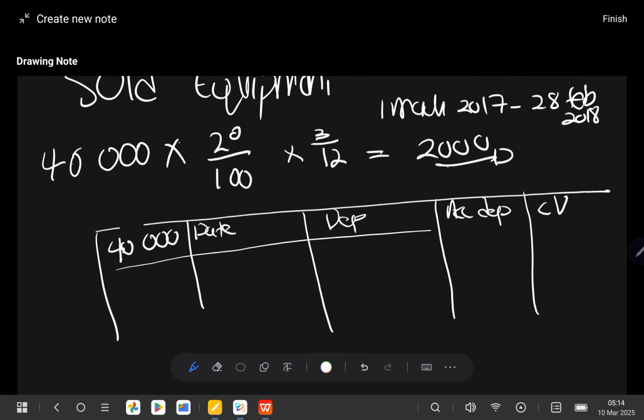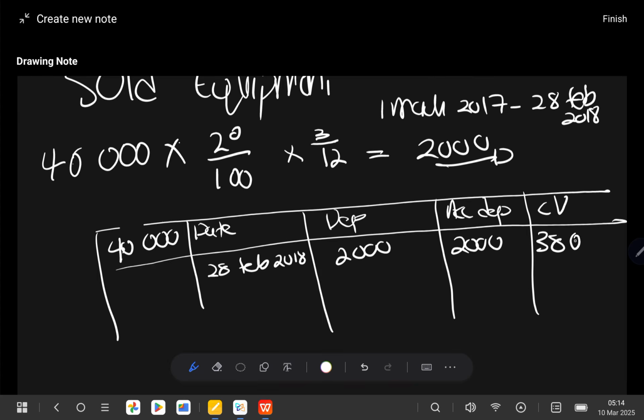So during the first year, for the year that ended 28 February 2018, the depreciation was this 2,000, which means the accumulated was also this 2,000, and our carrying value was 38,000 in this case. And then for the year that ended 28 February 2019, remember it will start on the 1st of March and end on 28 February 2019.